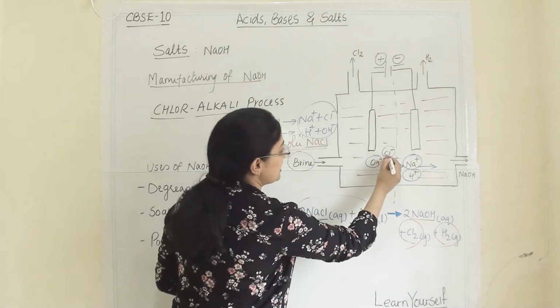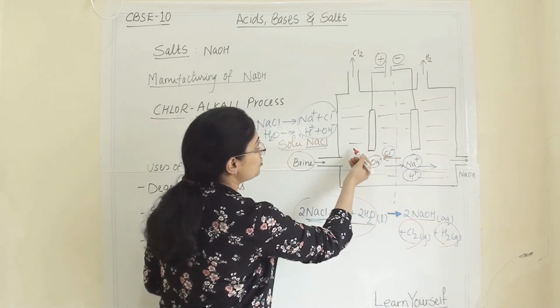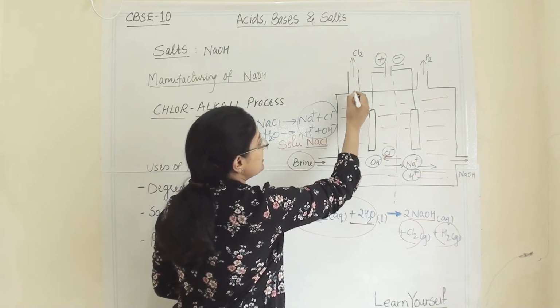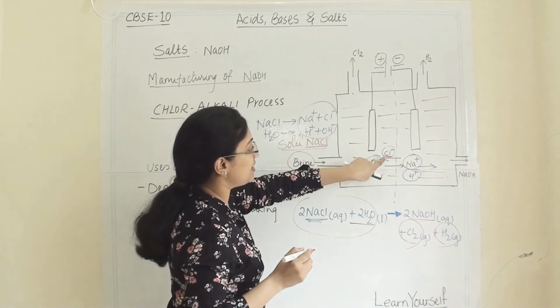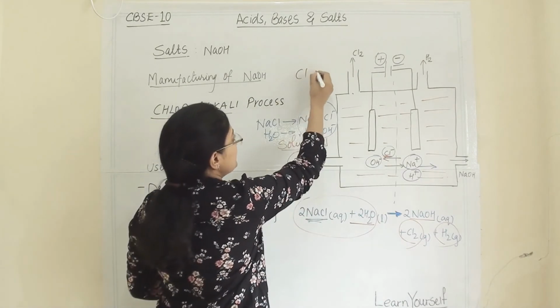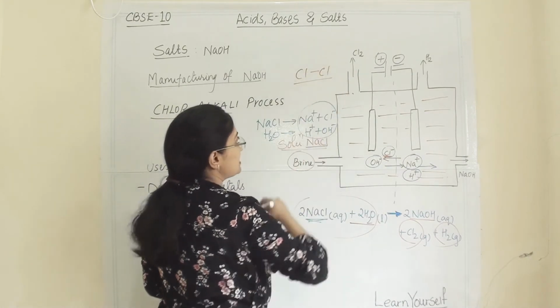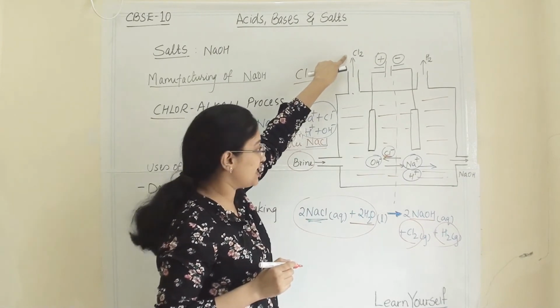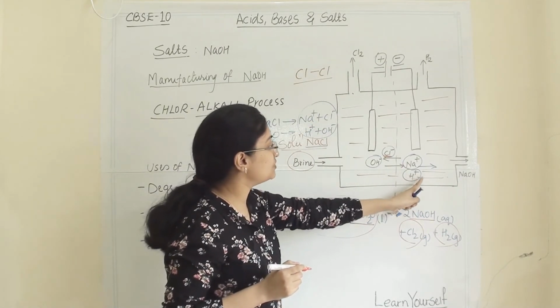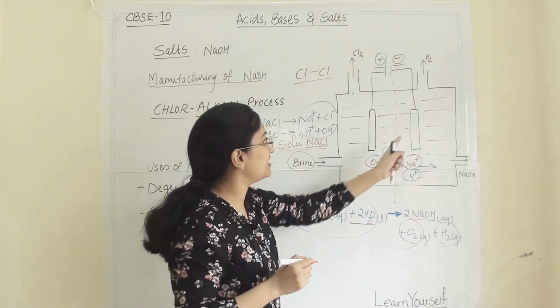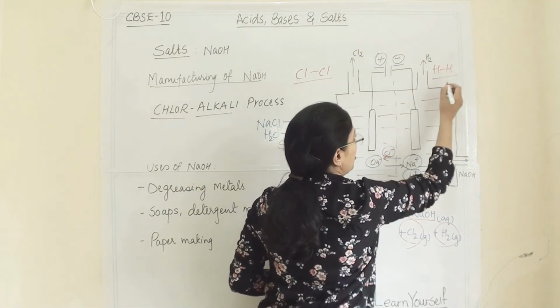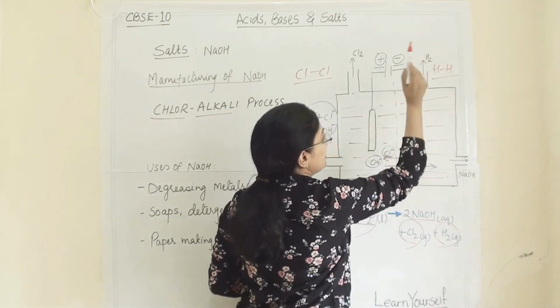So this Cl-, when it moves towards the positive electrode, one Cl will combine with another Cl to form a molecule and we will get chlorine gas here. And this H+ will travel towards the negative electrode, and here H and H will form a molecule and we will get hydrogen gas.